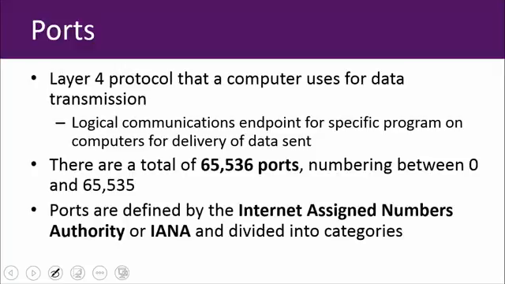There are a total of 65,536 ports. They're all numbered between 0 and 65,535. That's a lot of ports to remember. All of these are defined by IANA, the Internet Assigned Numbers Authority, and I can't imagine having to memorize all those different ports. So thank goodness there's somebody out there who's willing to handle it for us.